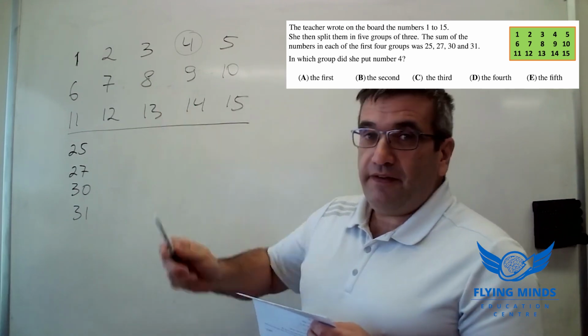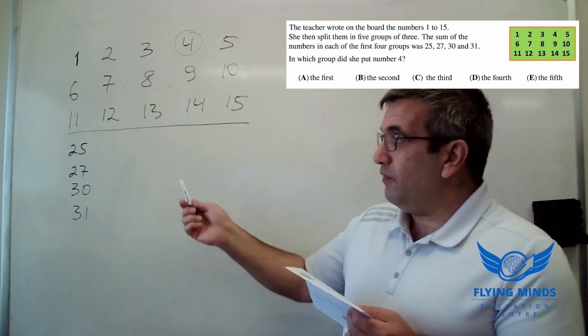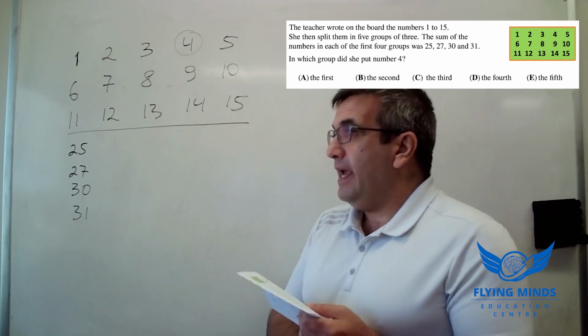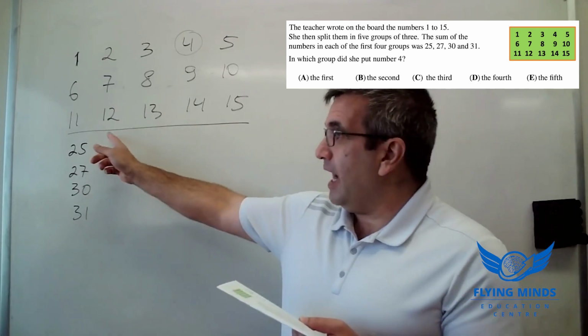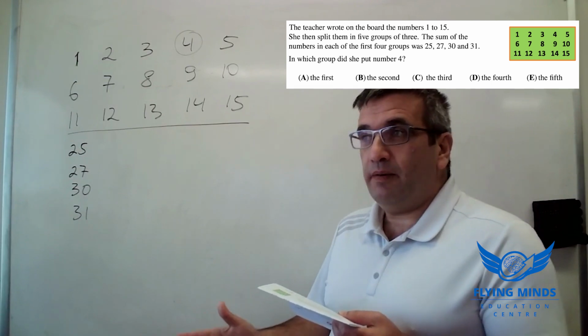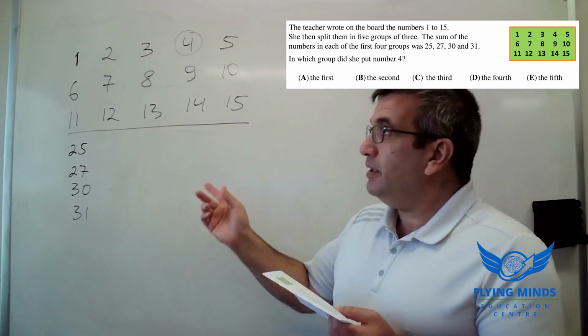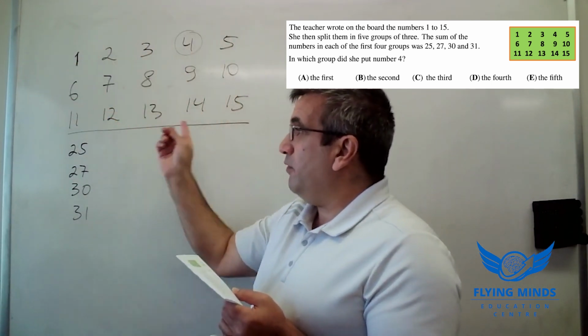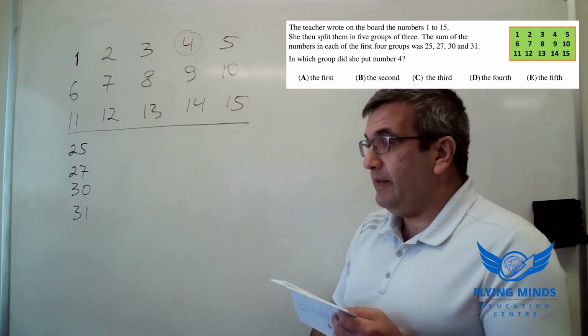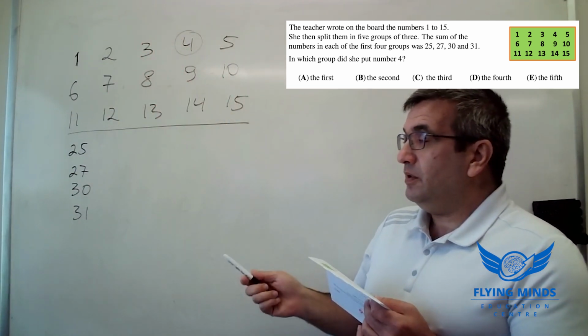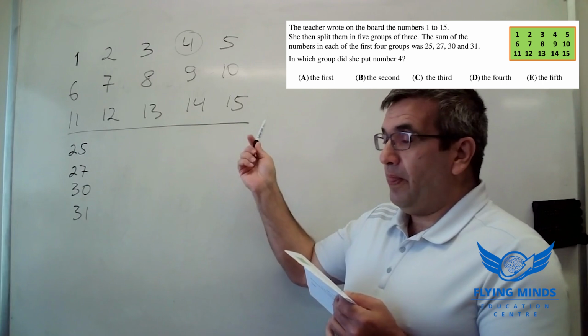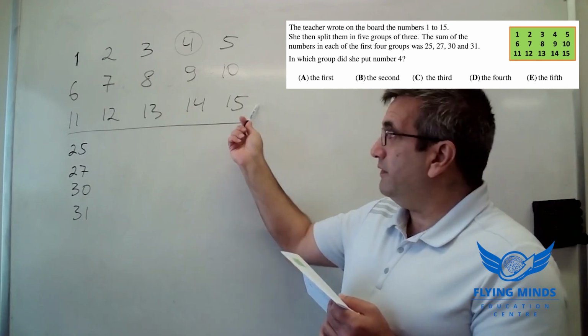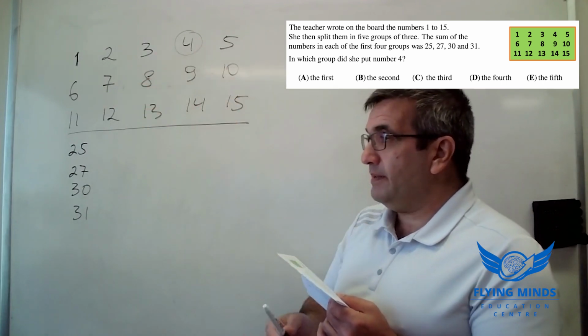So we have 5 groups of 3 numbers, right? And of course, the sum of these 5 groups must add up to the sum of all numbers. So first of all, we want to calculate the sum of all numbers.